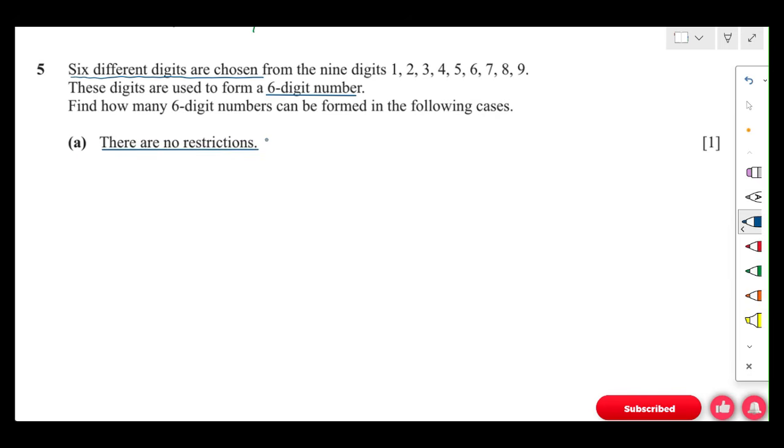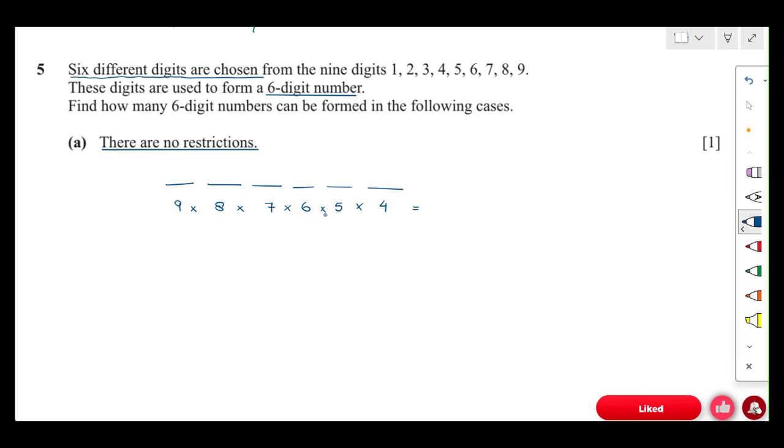If there is no restriction, we can make a 6-digit number. We have 9 options for the first digit, then 8 options for the second digit, 7 options for the third digit, 6 options for the fourth digit, 5 options for the fifth digit, and 4 options for the sixth digit.